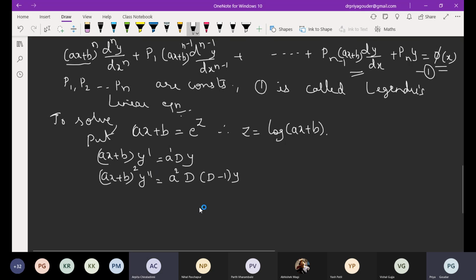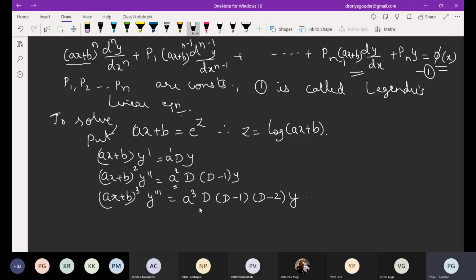But if I go on telling everything a different way, the data becomes very large, very difficult to store in your memory. So just on comparison basis, this a is extra. One more thing you tell: what is ax plus b raised to 3 into y triple dash? A cube into D into D minus 1, D minus 2. Yes, very good.